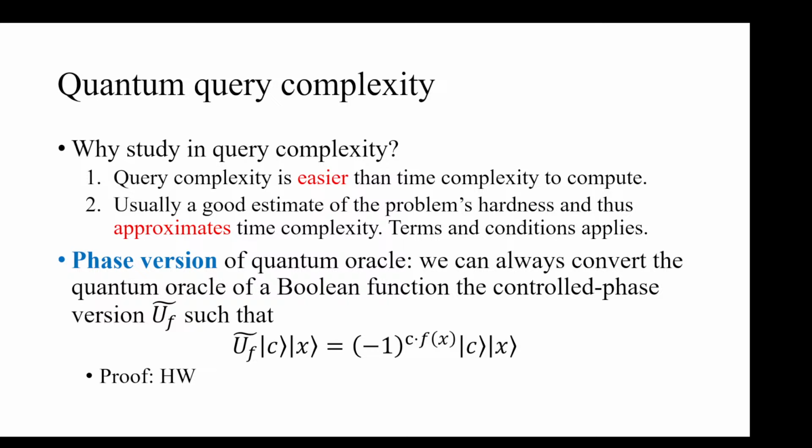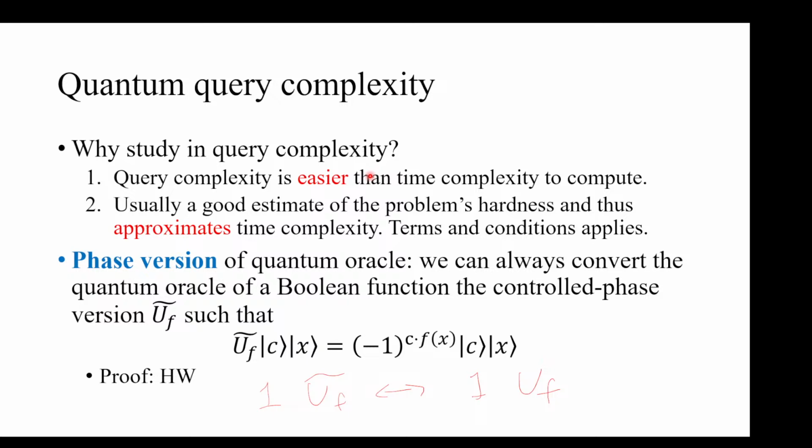In the homework, you are going to show that you can control the one U_f tilde from one U_f, and also you can control one U_f from one U_f tilde. Okay, they are equivalent to each other in terms of the number of queries you put in your algorithm. Okay, any question?